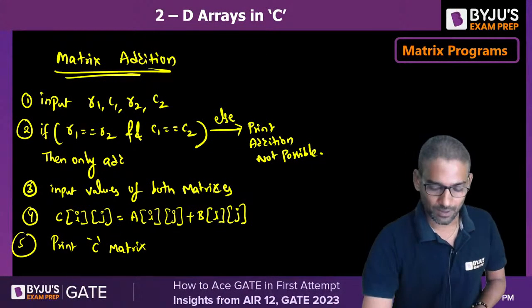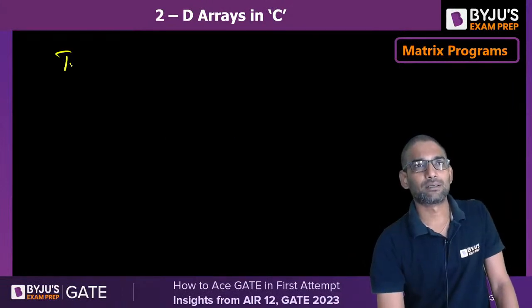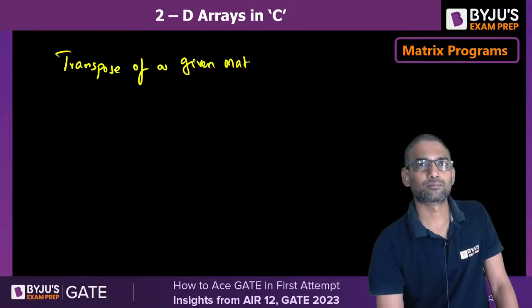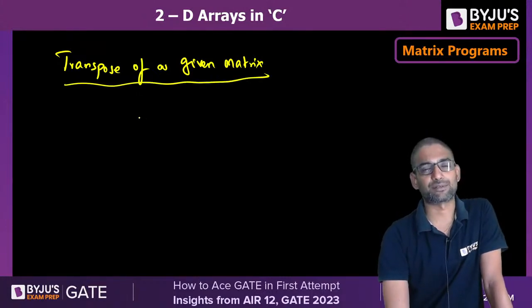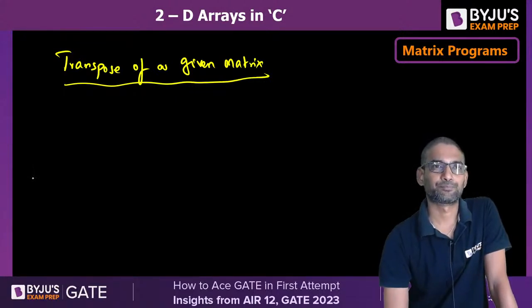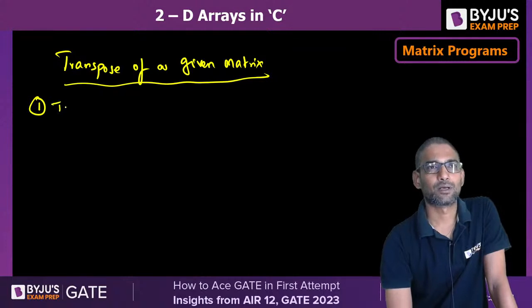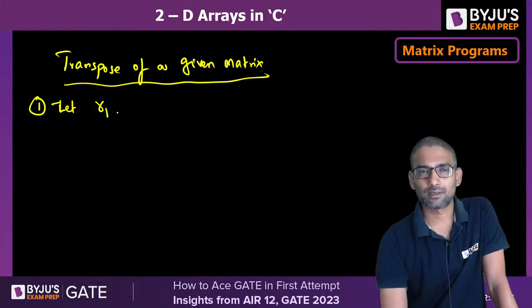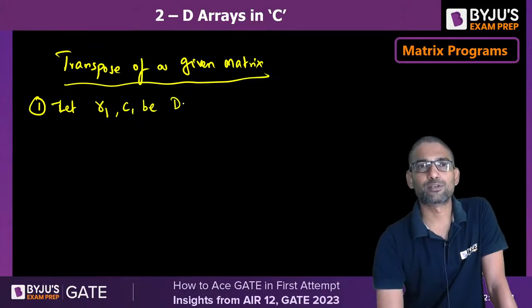And how can I write a program for the transpose of a given matrix? First, let R1, C1 be the dimensions of the original matrix.